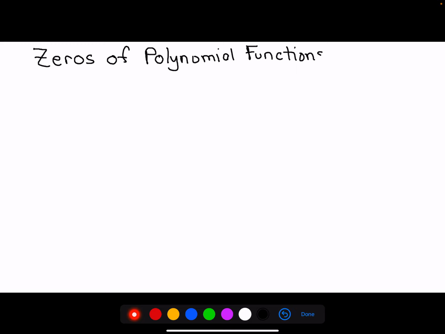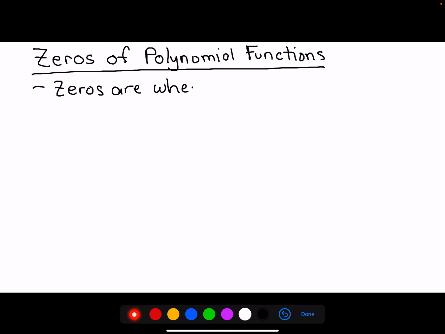All right, that leads right into talking about something called zeros of polynomial functions. Zeros are where the graph crosses the x-axis.